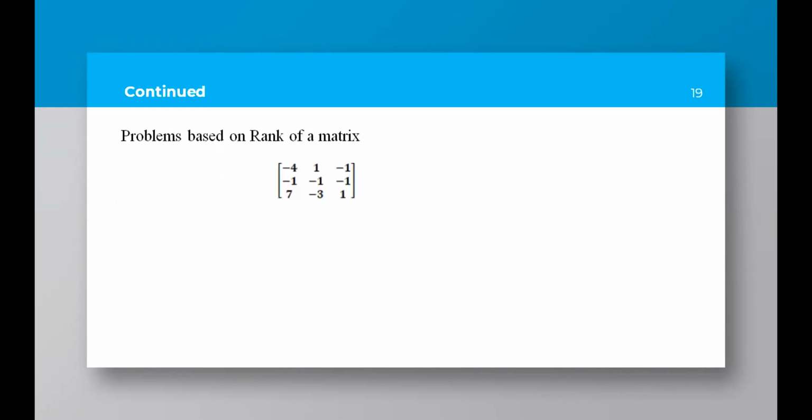Problem based on rank of a matrix. Tell me, what is the rank of the matrix minus 4, 1, minus 1, minus 1, minus 1, minus 1, 7, minus 3, 1? Use row reduced echelon form, or linear independence. Find the rank of this matrix and tell me the answer.